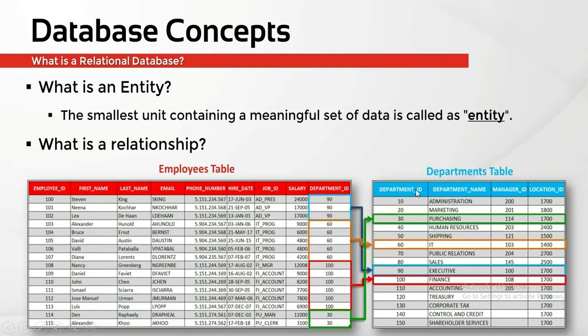So these column names are called entities. Then what is a relationship? I already told you. Any one column in one table and any other column in another table must represent the same kind of data with the same data type. So they have some relation with each other, and this is what is called a relationship.